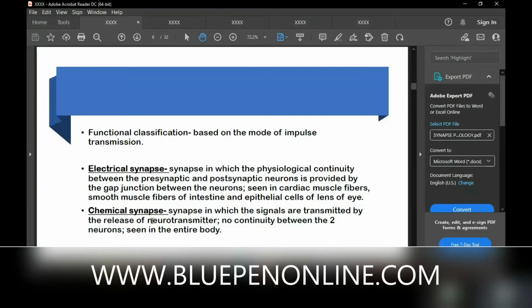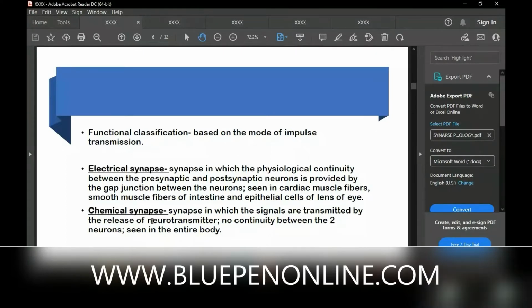Those chemicals are called neurotransmitters. And I hope you know various types of neurotransmitters. Just name one or two. Acetylcholine. Okay. Acetylcholine, gamma aminobutyric acid, which we call GABA.